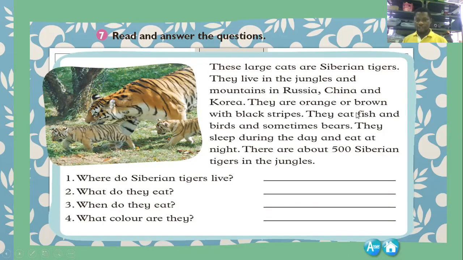They eat fish and birds, and sometimes bears. They sleep during the day and eat at night. There are about 500 Siberian tigers in the jungles.